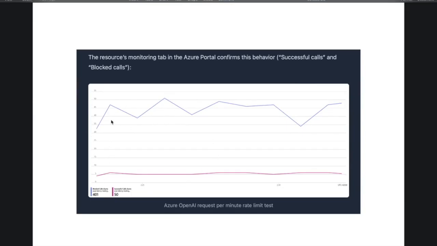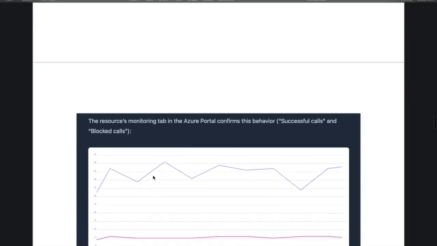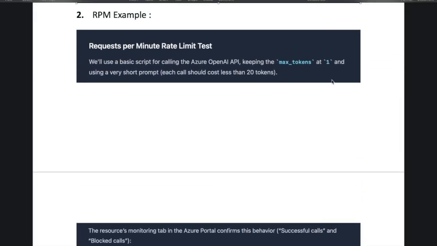So there are blocked calls, they are still blocked calls. And the successful calls are only around 6, as we showed. Though you can see TPM is available, you'll say, oh, I'm using just max token 1, and the prompt is 20, but I have 100,000 tokens available because my TPM rate limit is 100,000 tokens.